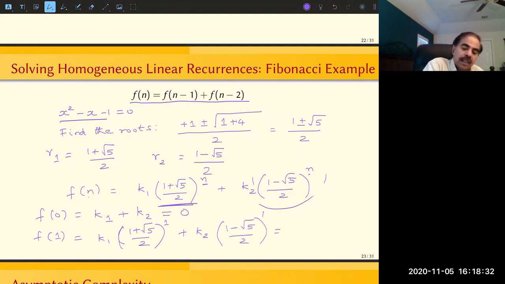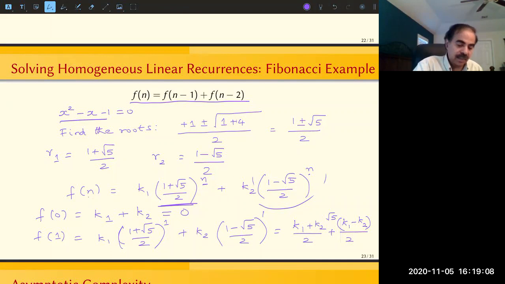If you simplify, you will find that this is equal to (k1 plus k2) divided by 2, plus (k1 minus k2) times square root 5 divided by 2.